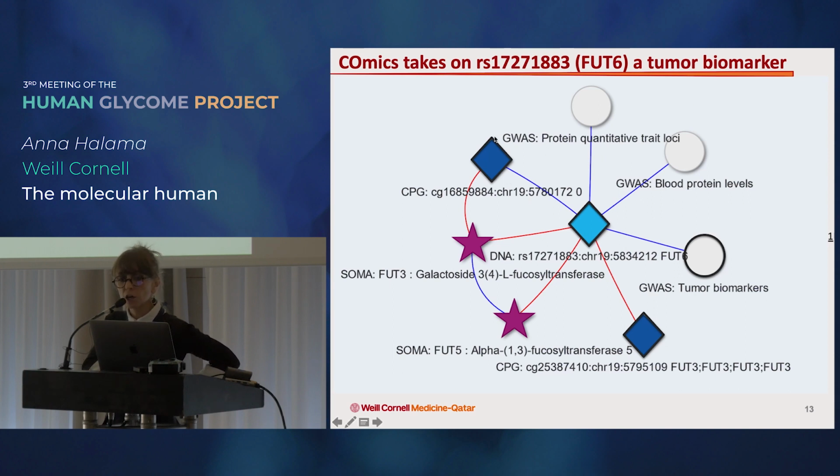One, this one here, was reported in the context of cancer, the other one not, and might be a potential novel finding. The variants in FUT6 also showed association with proteins of FUT3 and 5, which were measured on SOMA, which again are known to be involved in cancer progression and metastasis as well.